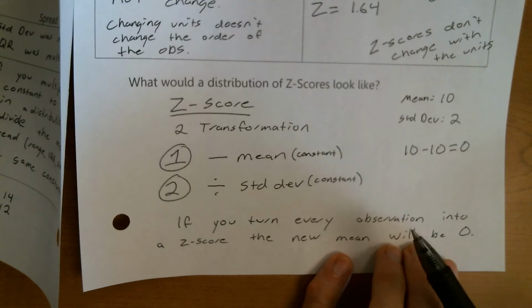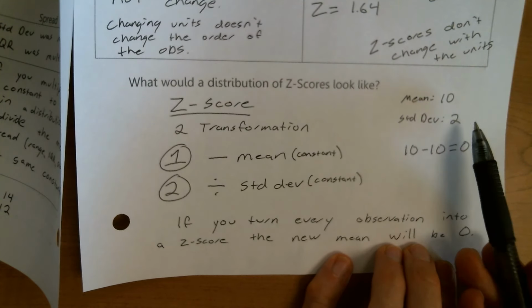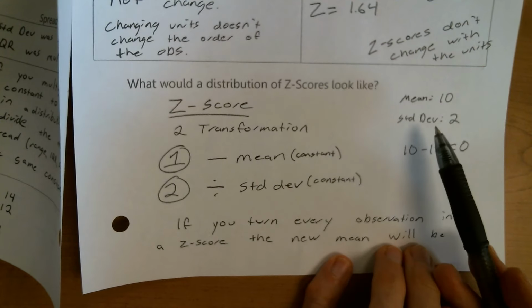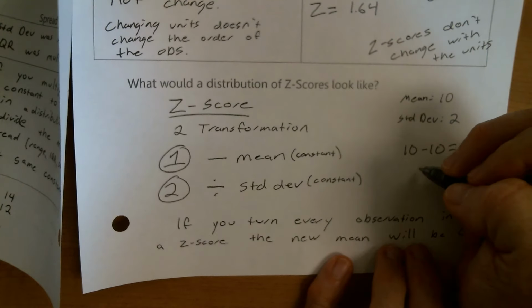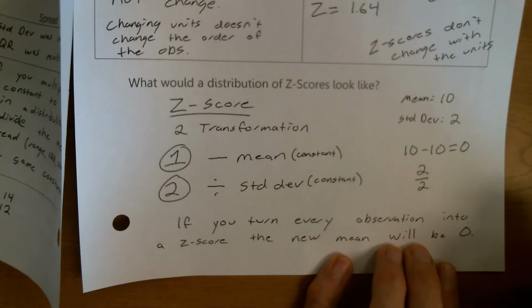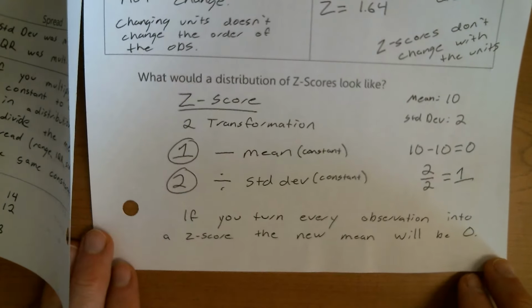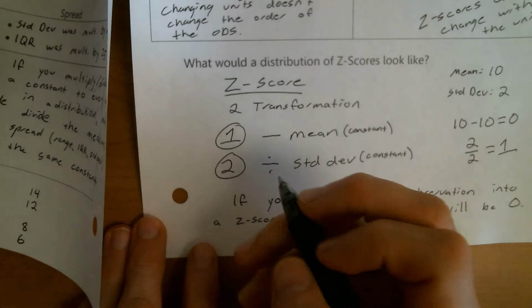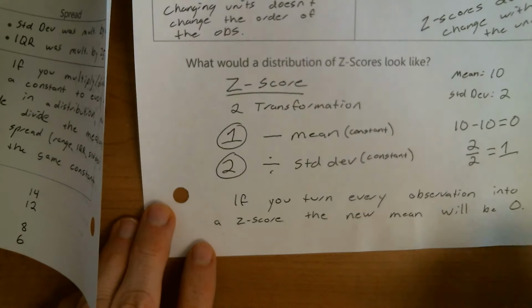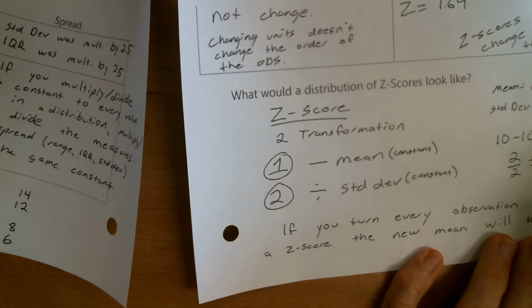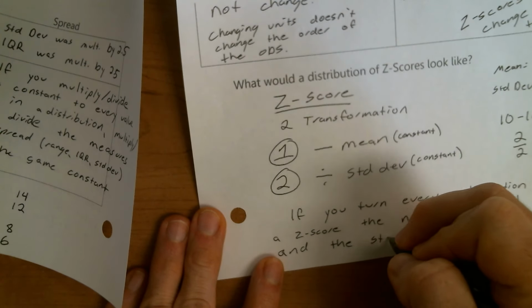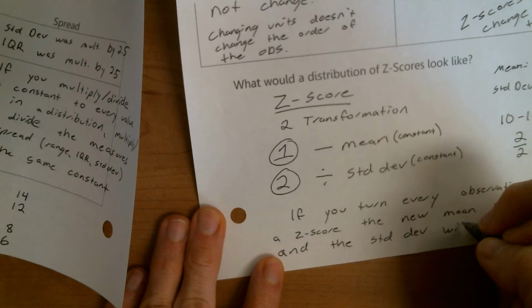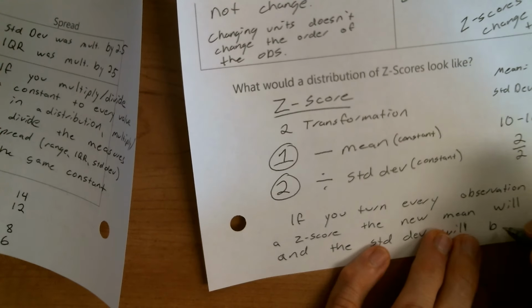The rule we learned for standard deviation is if you divide every observation by a constant, which is what we're doing in the z-score formula, you divide that measure of spread by the same constant. So 2 divided by 2 is going to be 1. So again, the mean will be 0, and the standard deviation will be 1.